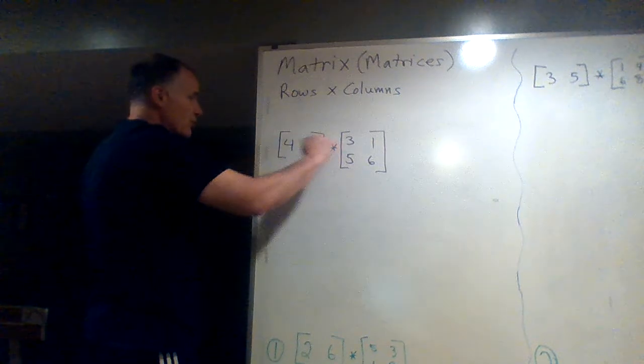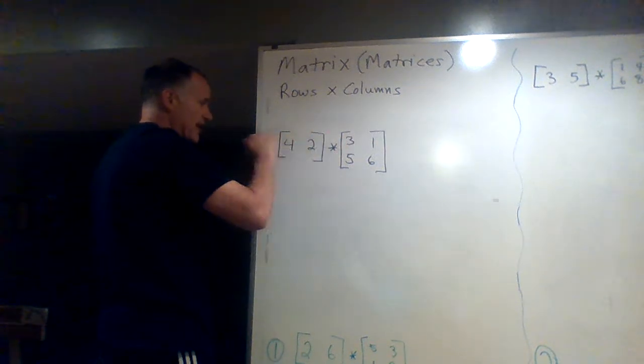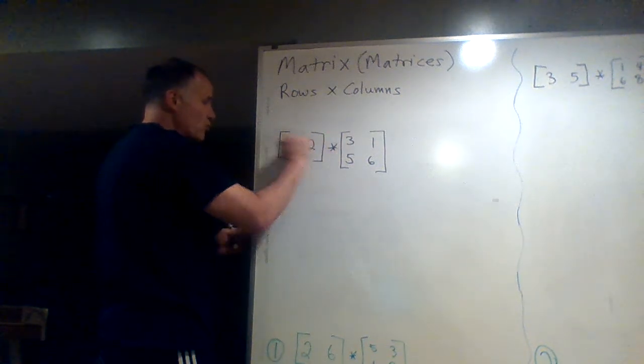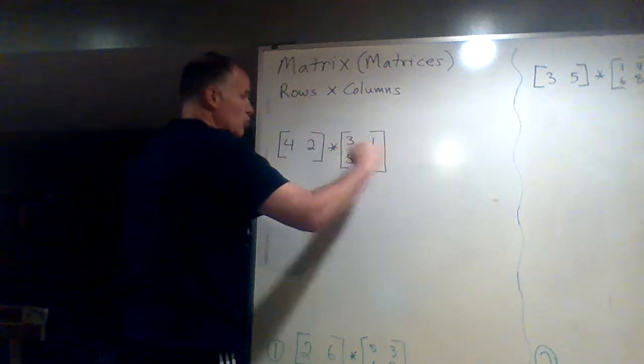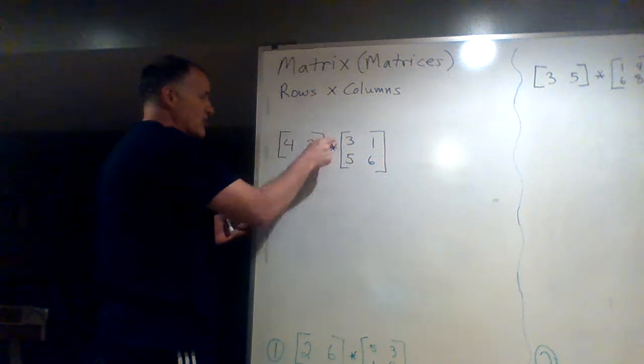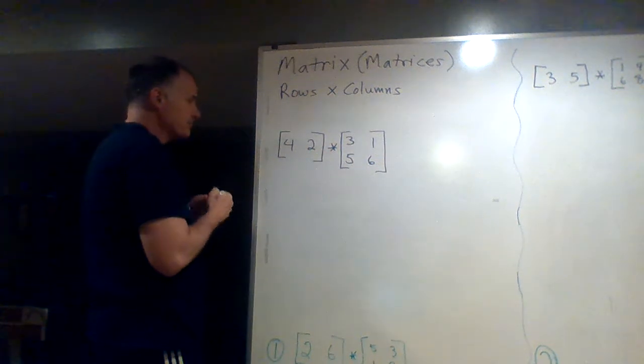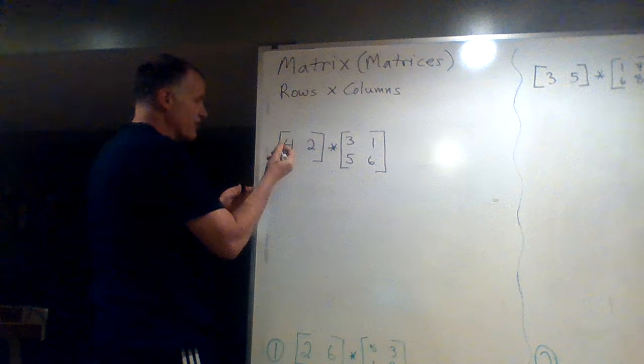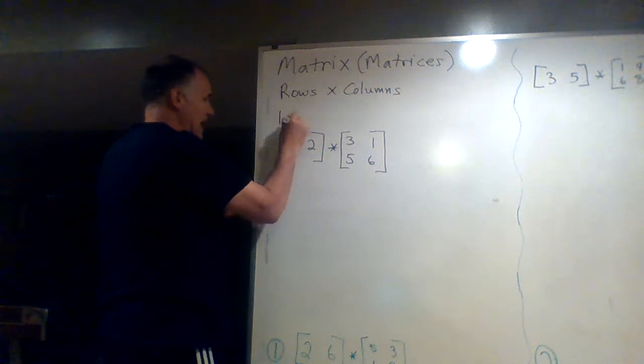So the rows for a matrix go left to right. This one has one row. This one has two rows. See, there's one row here and one row here. So the rows go first. This would be a 1 by, and this is a 2 by.